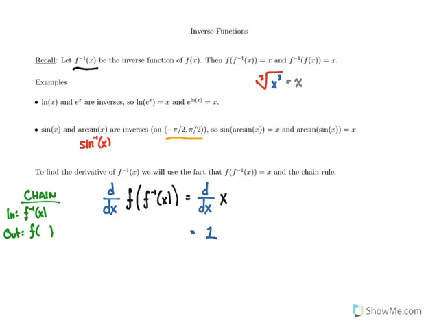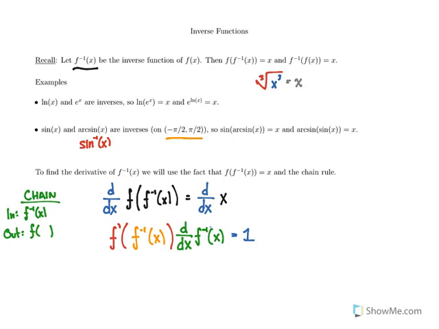So the chain rule says that we should take the derivative of the outside, f prime. We're going to leave the inside alone, f inverse, and we are going to multiply by the derivative of the inside. And note this is all equal to 1 because the derivative of x is equal to 1.